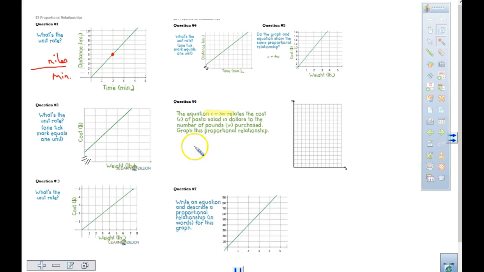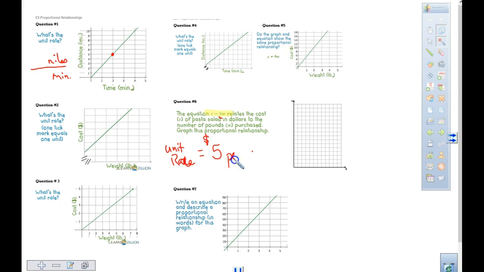The unit rate is what? I'm looking for my unit rate. What would you say it is equal to? How much are we paying for each, in this case, pound? $5. So the unit rate is $5. That's why in our equation it's the 5.